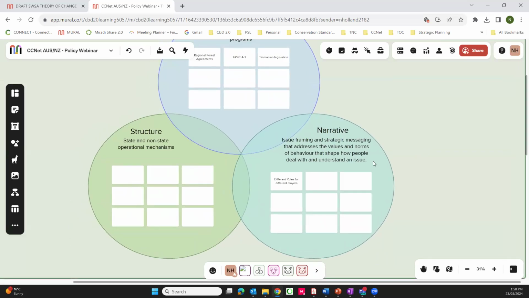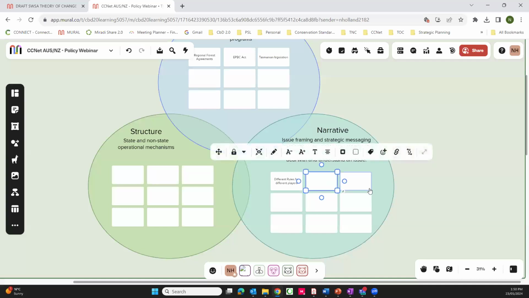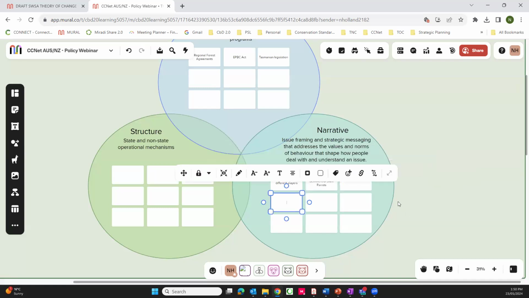There's inconsistency there to the detriment of biodiversity. So it's really about having consistency of rules across those different levels, whether national or regional, that they're aligned, and that they improve in the first place.